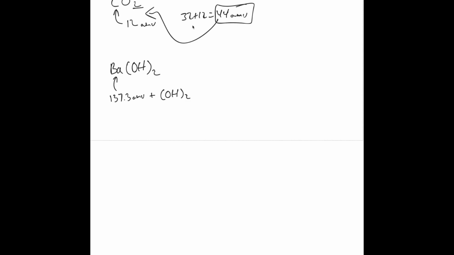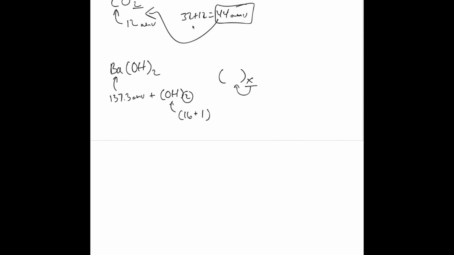In this case, the OH is going to be oxygen, which is 16 AMU, and hydrogen, which just rounds to 1. And when you have parentheses and a coefficient subscript, it basically means that you want to calculate whatever's in the parentheses and then multiply that by the subscript value.